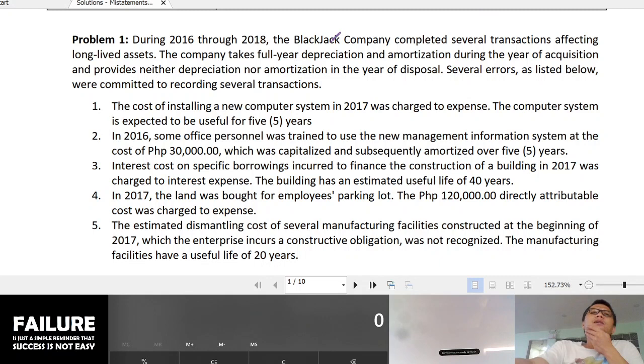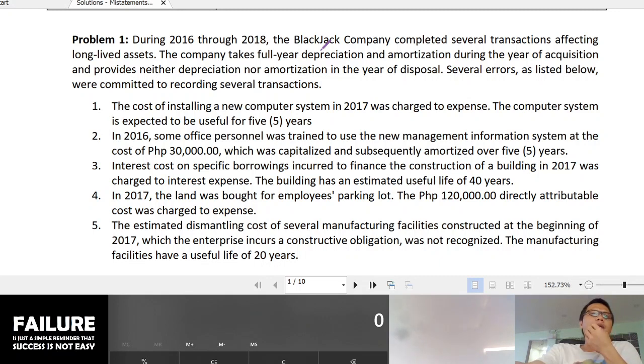Let's begin. For our first problem, we are given 5 errors which Blackjack Company noted for the years 2016 and 2018. The year of adjustment is year 2018.